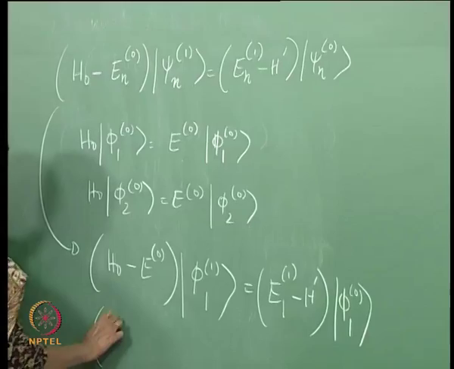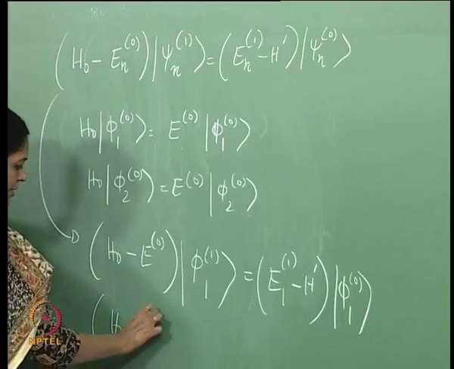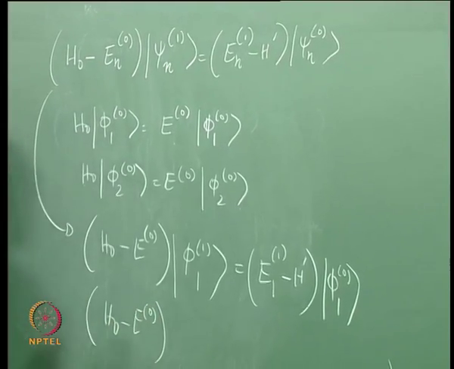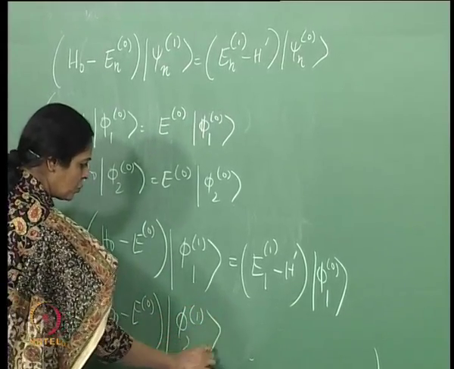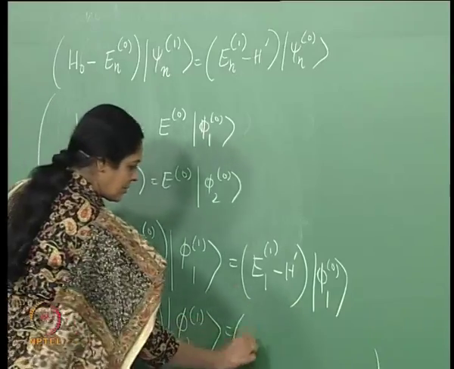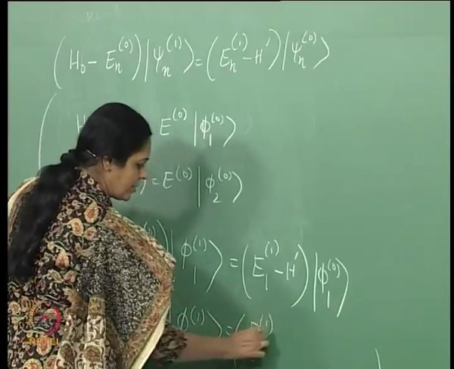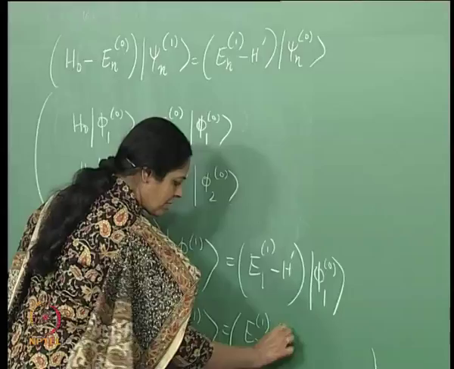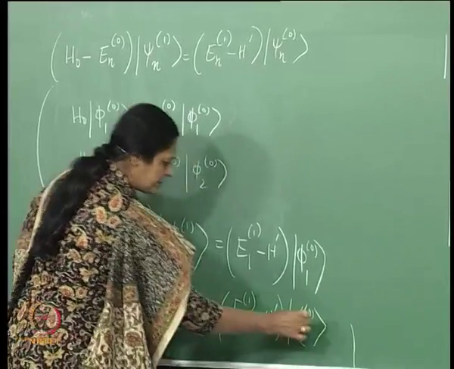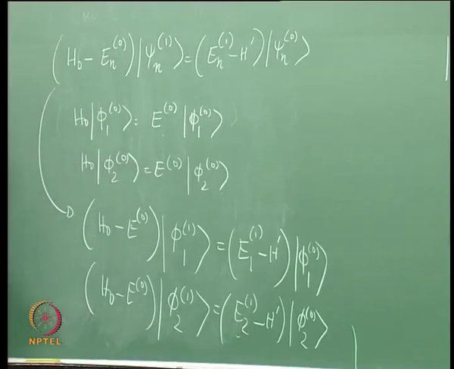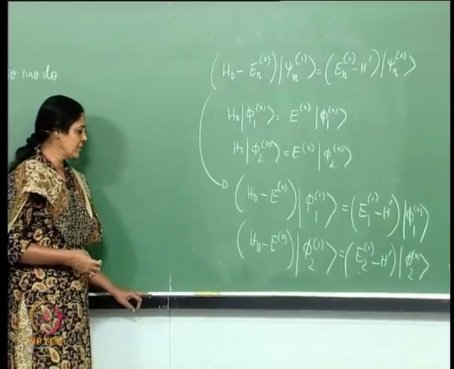Then my second equation is H naught minus the same E 0, because there was a degeneracy, acting on phi 2 1 is E 2 1, the first order contribution, minus H prime phi 2 0. These are the 2 equations that I should be dealing with.